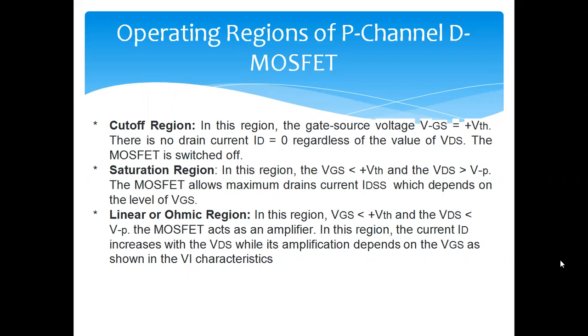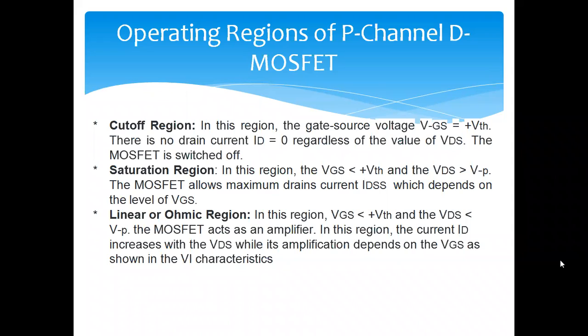Now, what are the conditions for this p channel depletion MOSFET to be in the cutoff region? The condition is VGS should be less than or equal to VTH.